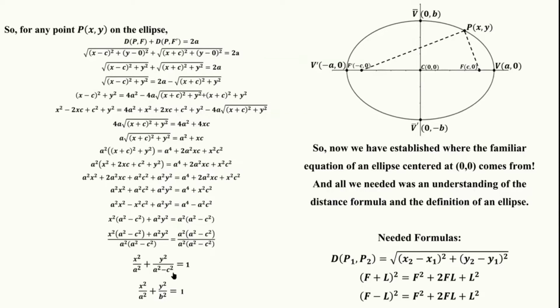So if we replace the a squared minus c squared by b squared, we end up with x squared over a squared plus y squared over b squared equals 1. And that nice simple formula, after all that hard work, is the equation of an ellipse, which is centered at the origin with a horizontal major axis and vertices at (a, 0) and (negative a, 0) and co-vertices at (0, b) and (0, negative b).